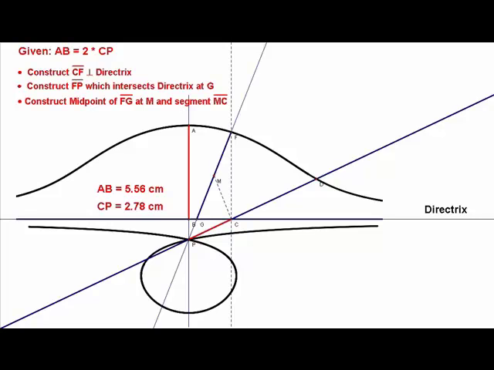MF, MG, and CP are all the same length. Notice that we've created a right triangle, and because of the properties of right triangles, we know that not only are MF, MG, and CP the same length, MC is also the same length.